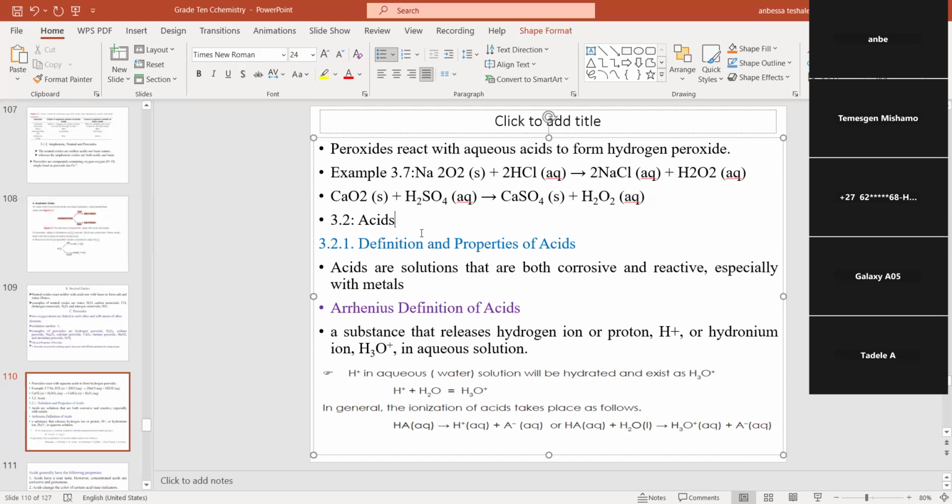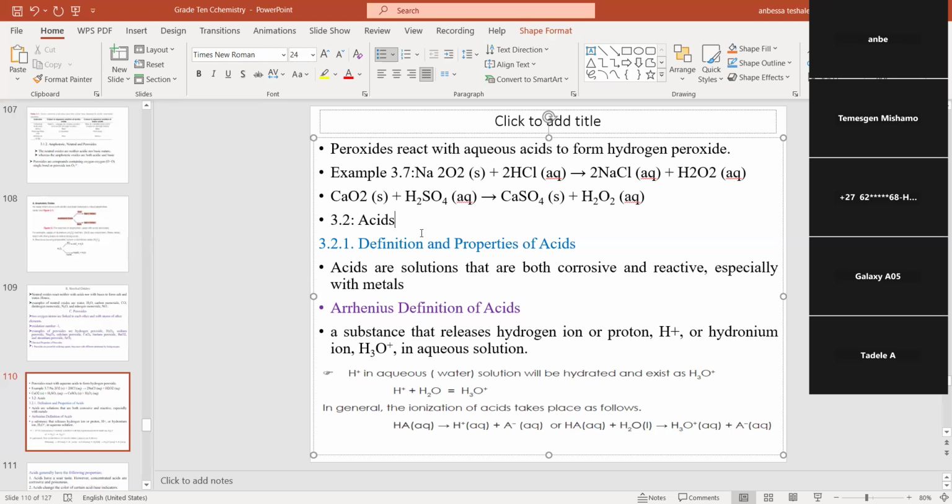Acidic oxide እና አሲድ በምን ነው የምንለዩት? አሁን ወደ አሲድ መጣን። ዲፈረንሳቸው ምንድነው ካለን አሲዲክ ኦክሳይድን water ውስጥ dissolve ስናደርግ አሲድ እናገኛለን። acidic oxide plus water gives what? acid ይሆናል ማለት ነው። So when you define acid as a solution that is both corrosive and reactive, especially with a metal.